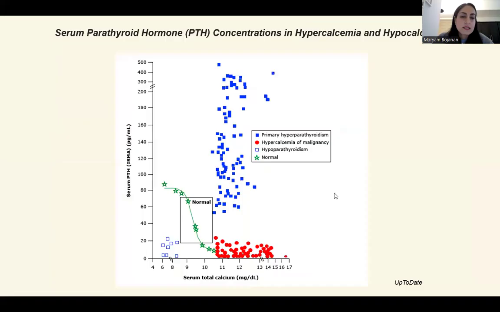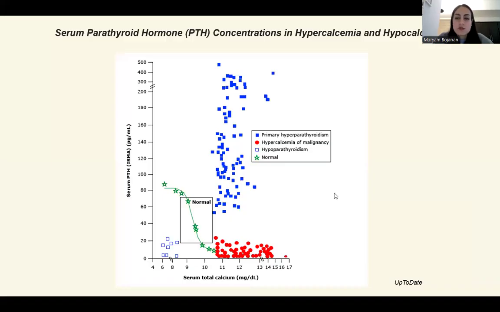Okay, basically this is the same idea. This shows serum PTH concentrations according to serum total calcium concentration in various diseases. The normal range is shown in the white box, and the sigmoid curve, with the green stars, is derived from a calcium citrate infusion protocol administered to 38 normal subjects.